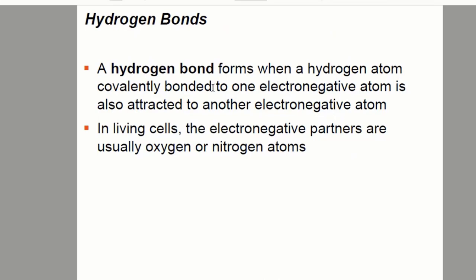Remember, we talked about what is covalently bonded last week. You can just browse in your notes that we did previously. Then it is bonded to one electronegative atom, which is also attracted to another electronegative atom.